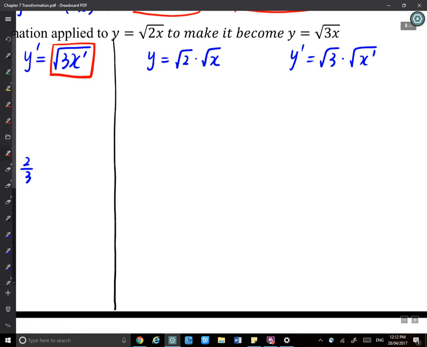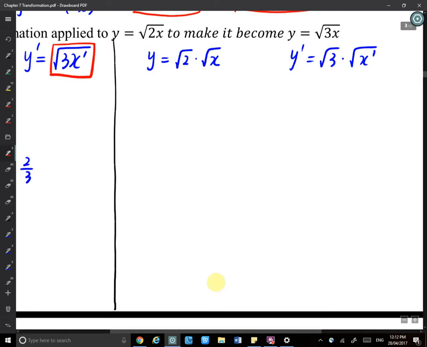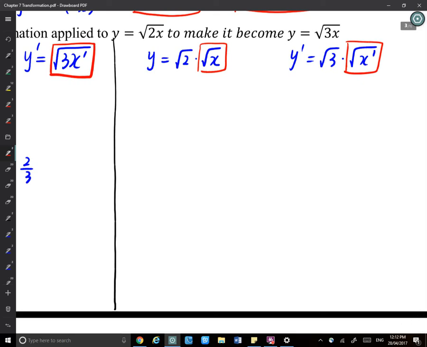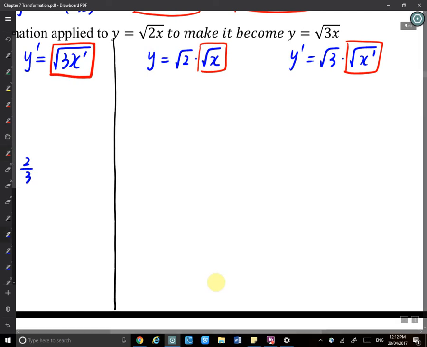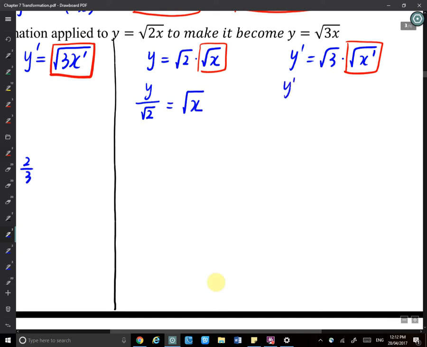What's the model? The model is square root with the term x. It's that one and that one. So the root 2 and root 3 doesn't help, so it needs to go to the left. So y over root 2 equals root x, and y dash over root 3 equals root x dash.